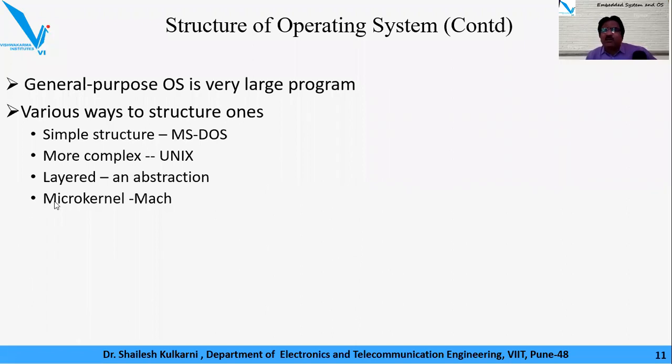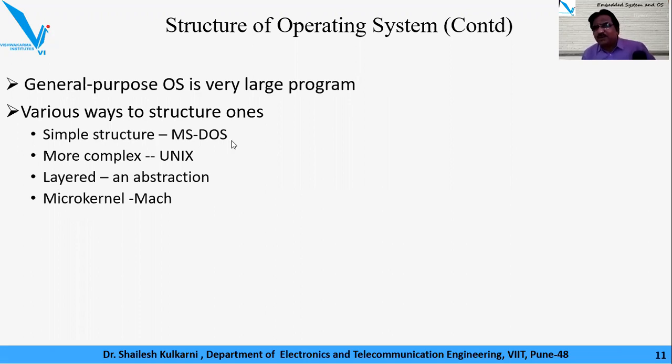And then we have the microkernel, which is more specifically a machine dependent kind of operating system. We mostly understand it for embedded systems, microkernel and Linux. These are the two OS that would be of concern to us. We will not be harping on the layered and simple MS-DOS kind of structures.